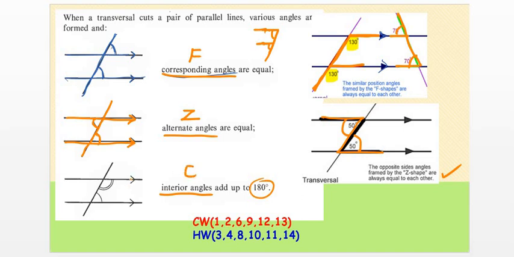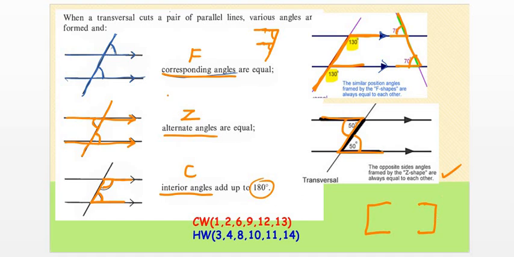It's C. Clearly you can see here, if I mention these two angles, then the parallel lines and the transversal together, they are making a shape of the letter C. Same is the case here. C can be this way or C can be this way, like it can be flipped, right?